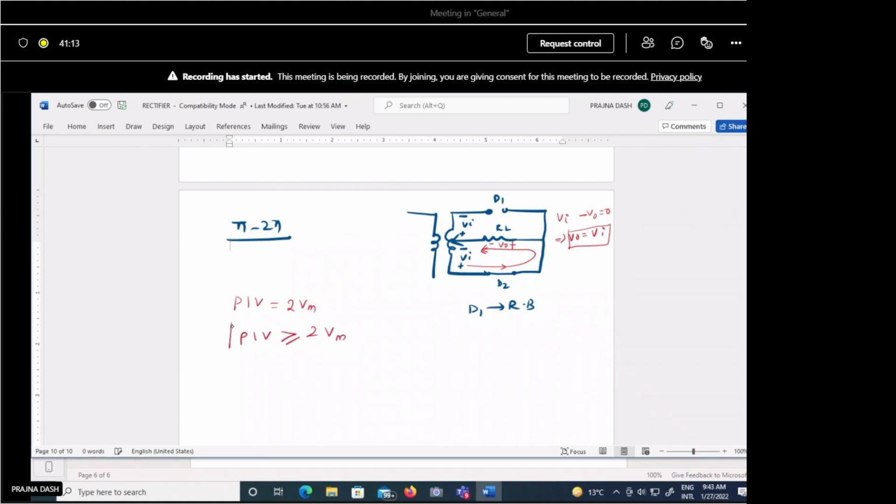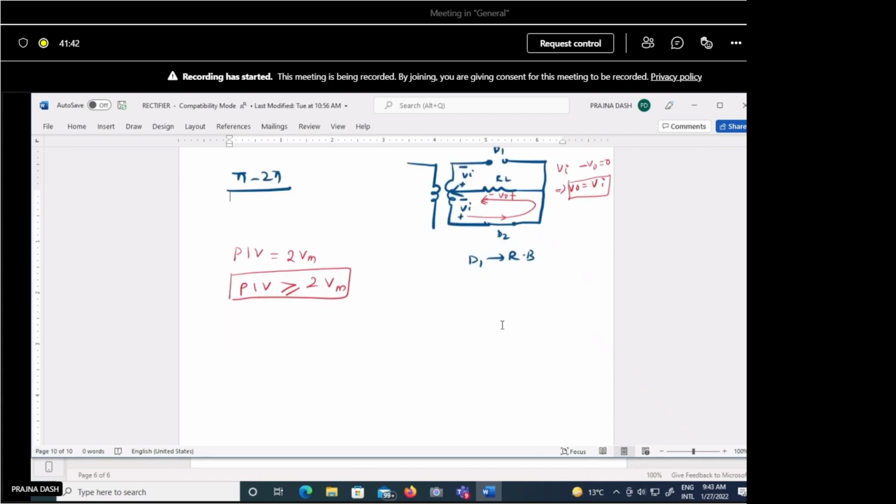So the diode you require should have a higher PIV rating compared to your half wave rectifier circuit. So these are two shortcomings of the center tap rectifier: one is the transformer winding for finding the center point, and another is that higher PIV rating diodes are required, which are a little bit costlier.